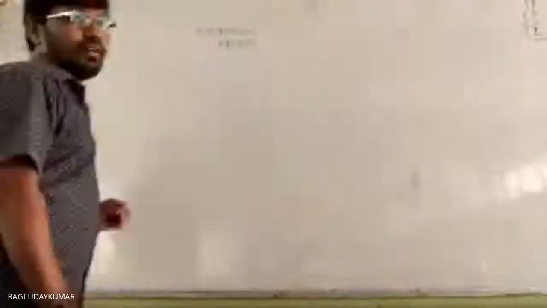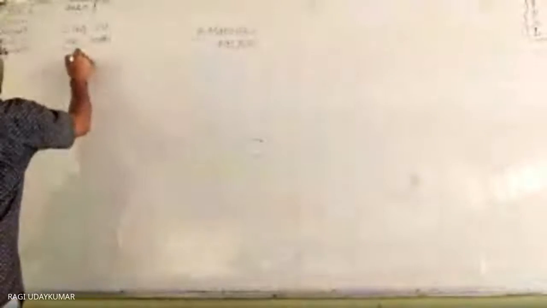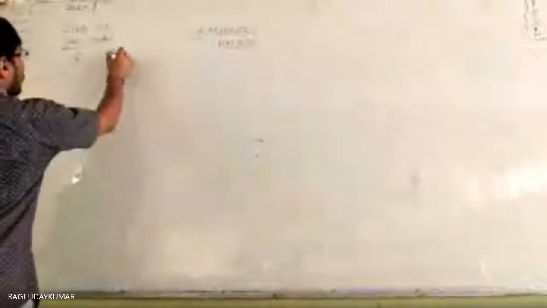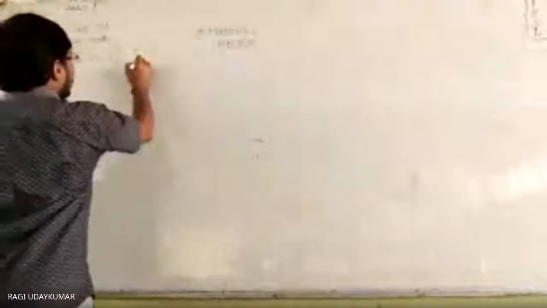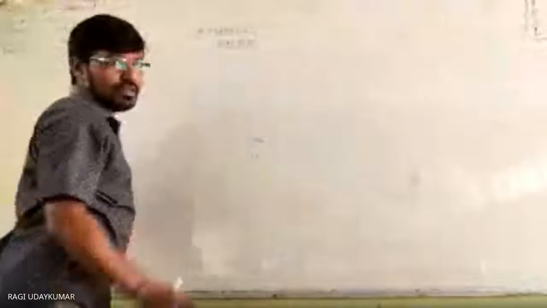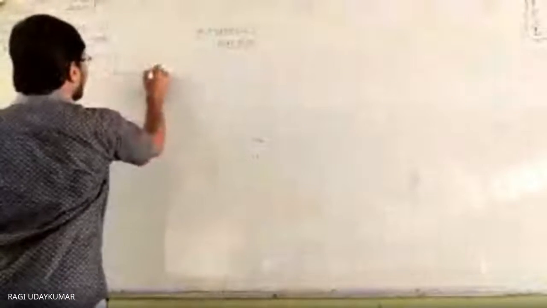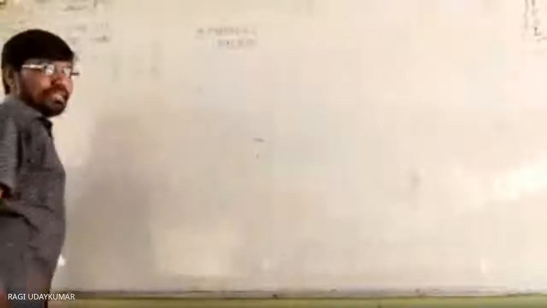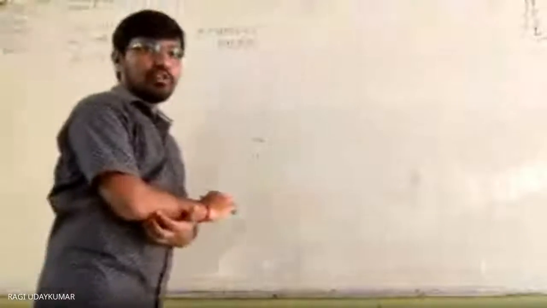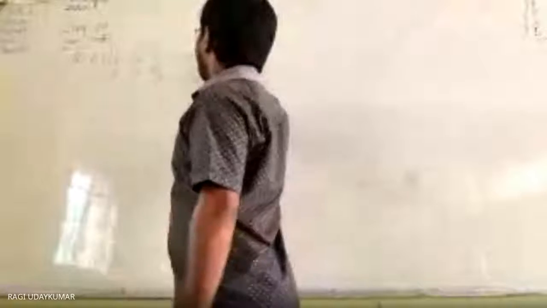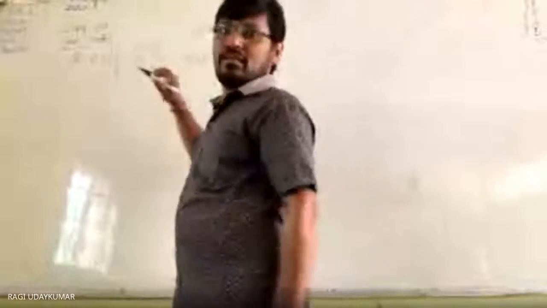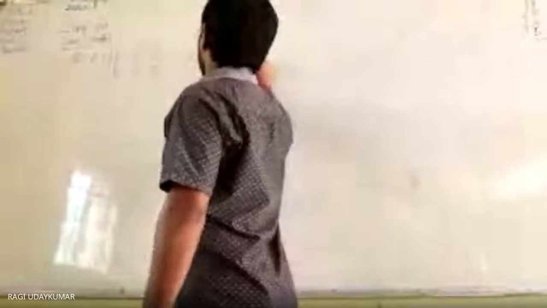In the 16th one, matrix A is equal to 1 0 2, 0 2 1, 2 0 3. You are asked to prove that A cubed minus 6A squared plus 7A plus 2I is equal to zero.